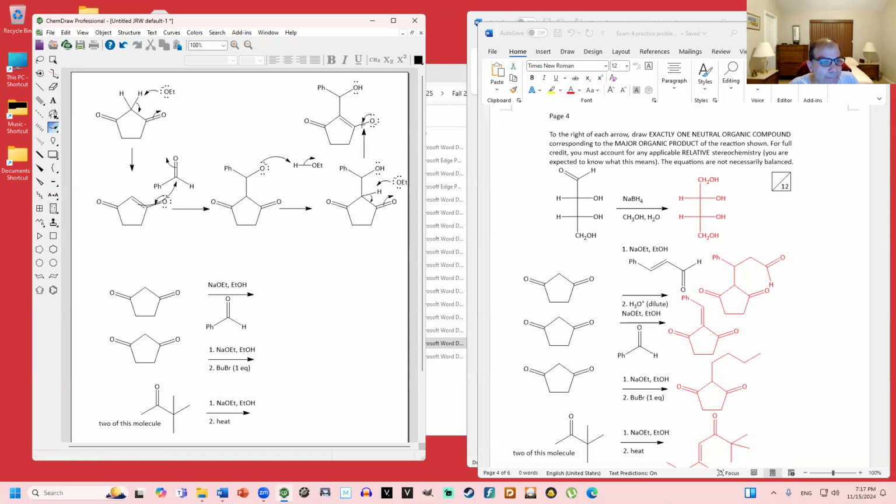You do the second step of the E1CB reaction. We reform the carbonyl, the double bond shifts over one place, and we expel hydroxide as the leaving group, and that's going to be the product.